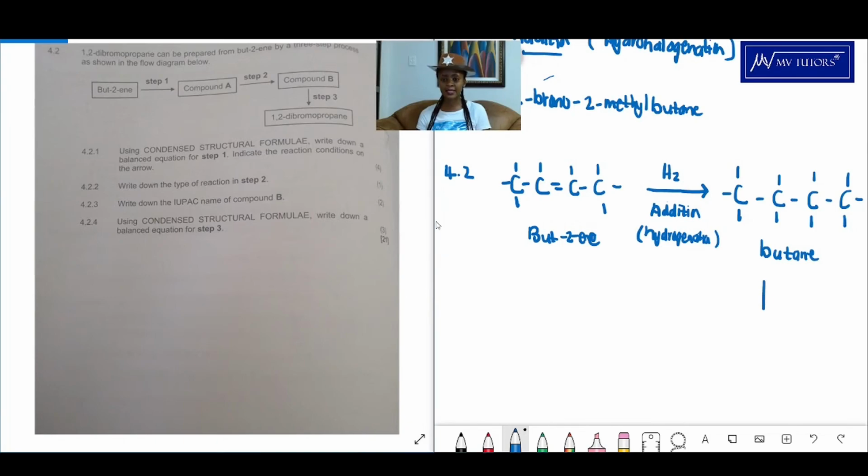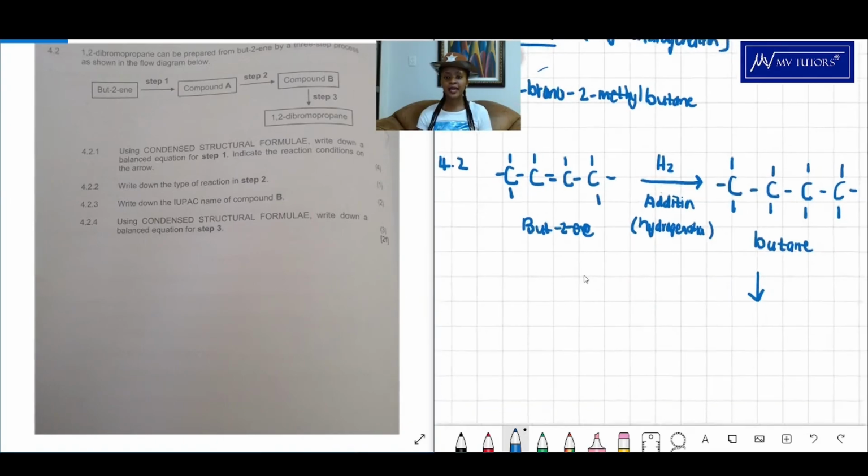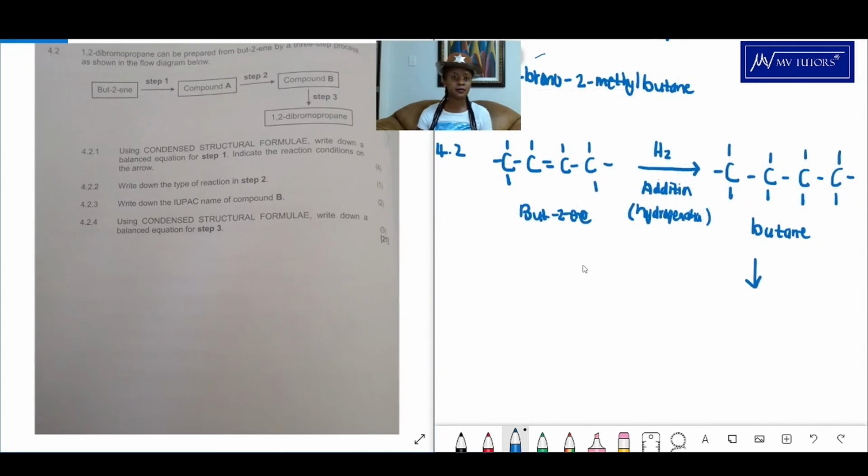Step 2, like I said, I can then crack it, because I want to end up with three carbon atoms, a propane. That's part of the product that we want. So if I apply some cracking, I'm definitely going to have an alkane. Remember, when we crack, your product will be an alkane and an alkene.